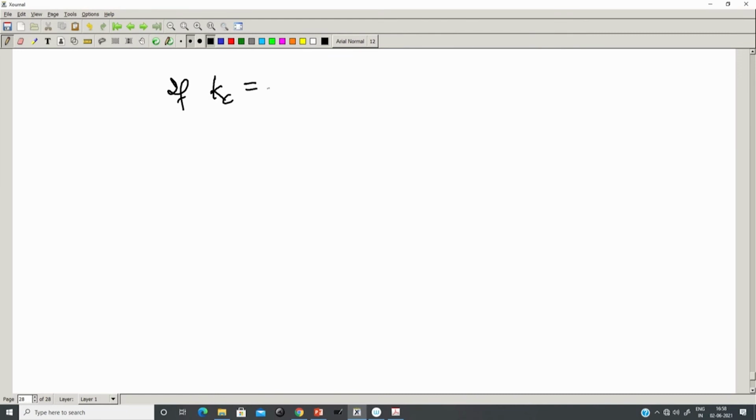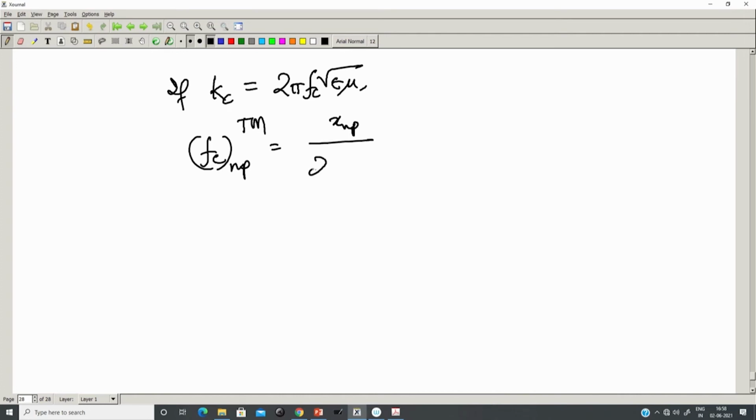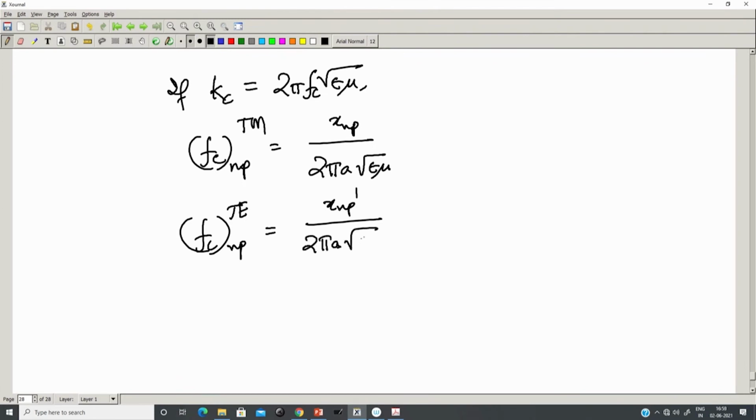If we write Kc as 2π Fc root of epsilon mu, we obtain the cutoff frequencies. Fc np TM for the TM mode is x np by 2π a root of epsilon mu, and Fc np TE, the cutoff frequency for the TE mode, is x np prime by 2π a root of epsilon mu.